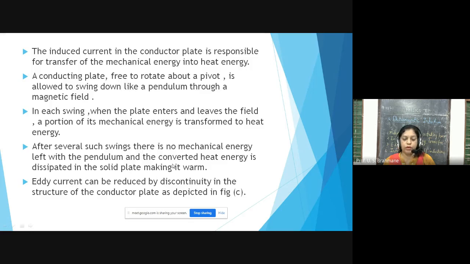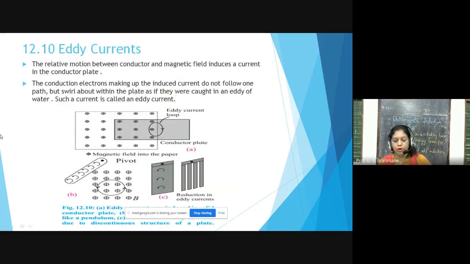Because of this, the plate becomes warm. Eddy currents can be reduced by discontinuity in the structure of the conductor plate as depicted in figure C. See here, the slots are made, it is reconstructed in such a way that there are slots, and because of this, the eddy currents are removed.